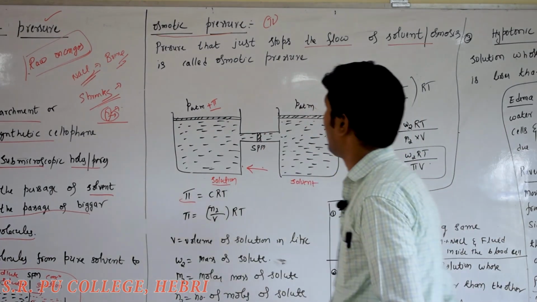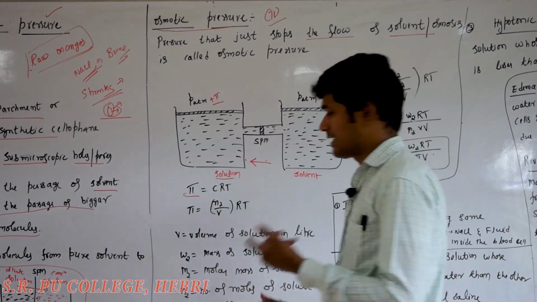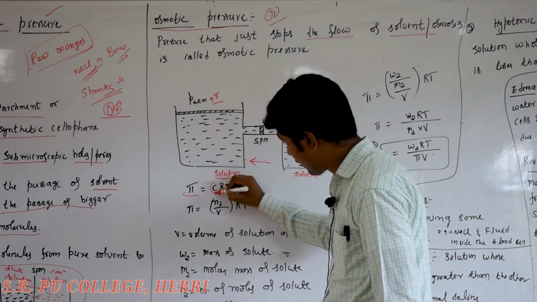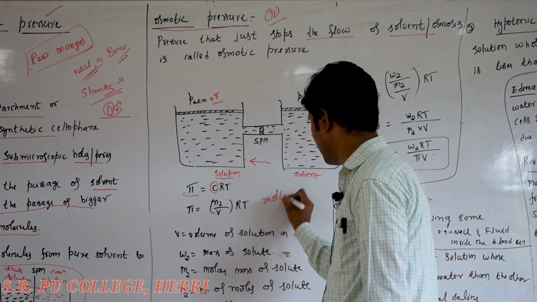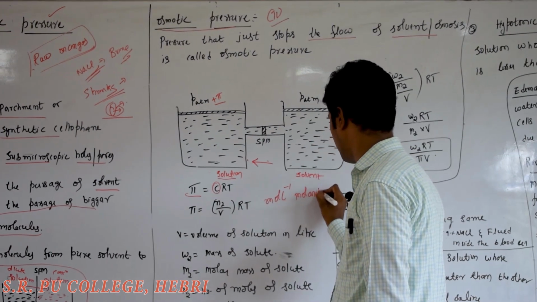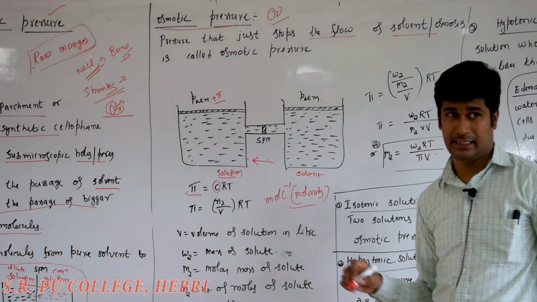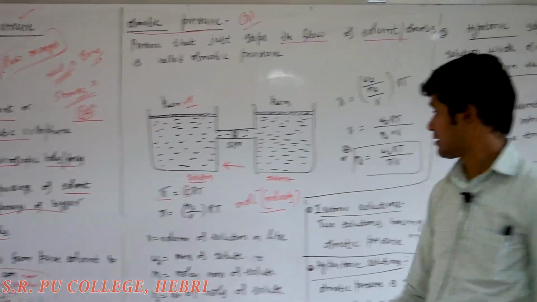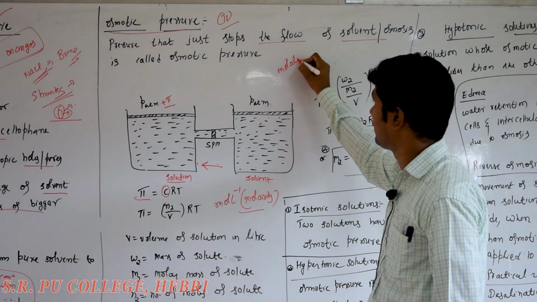So this pi, osmotic pressure, is a colligative property. So that is given as pi is equal to CRT. C is nothing but concentration of solution in mole per liter. Here we are taking concentration in terms of molarity, okay, not in terms of molality. In the previous three colligative properties, okay, we took molality as the concentration term.